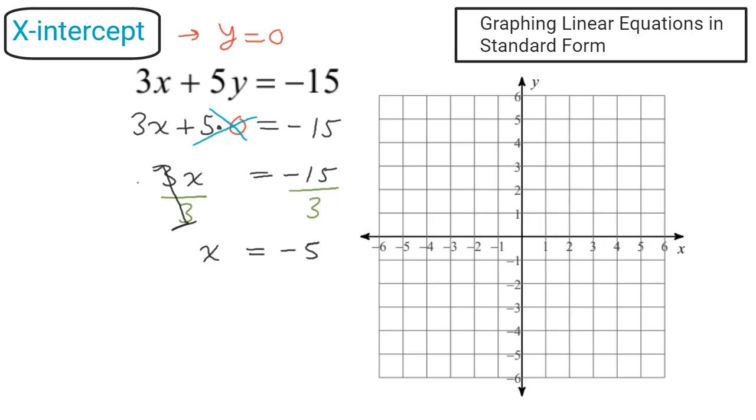That is equal to a negative 5. So this means that the x-intercept is going to be a point on the x-axis at negative 5. So the coordinates for such a point would then be negative 5, 0. So we go ahead and then draw the point at that particular location.